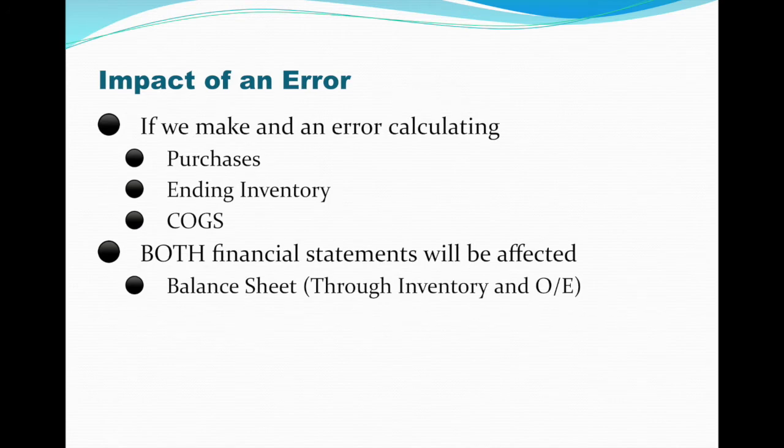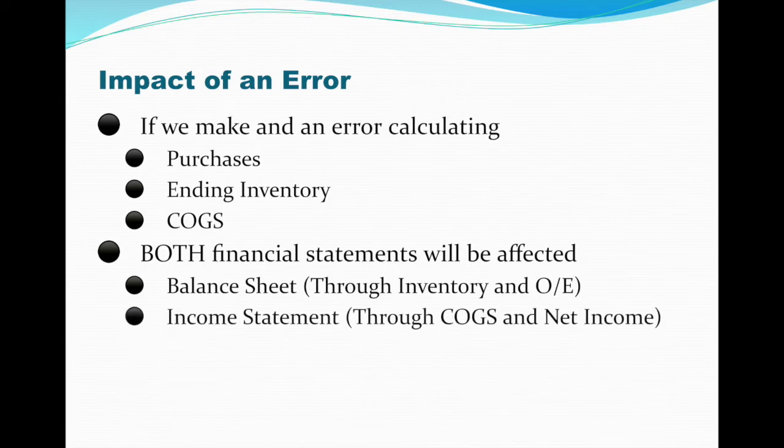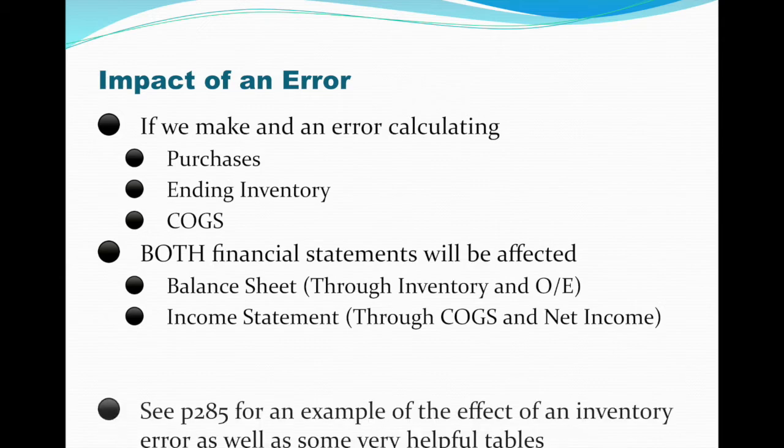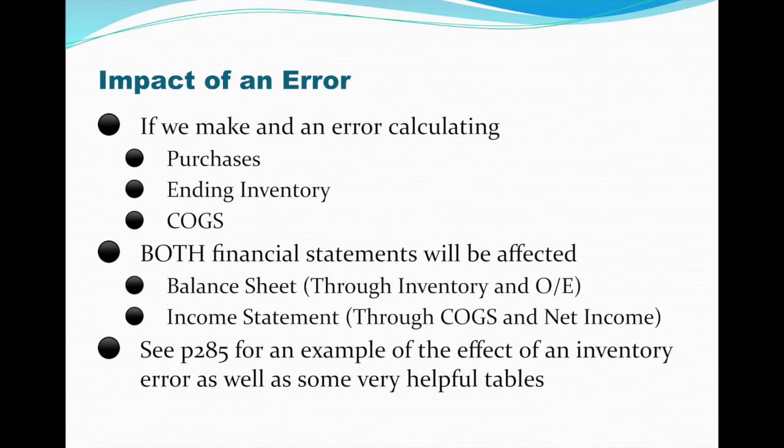So in terms of the balance sheet, the effects of the errors will be felt in both the inventory assets account and owner's equity accounts. As far as income statements go, you'll usually see the errors appearing in COGS and net income. Check page 285 out for an example.